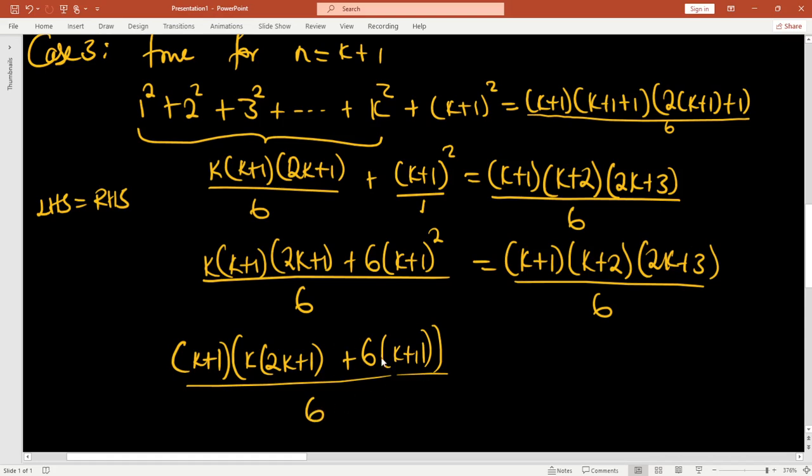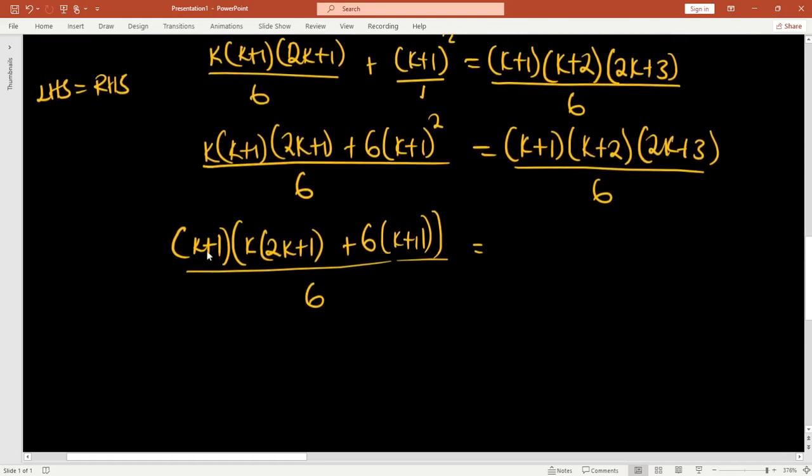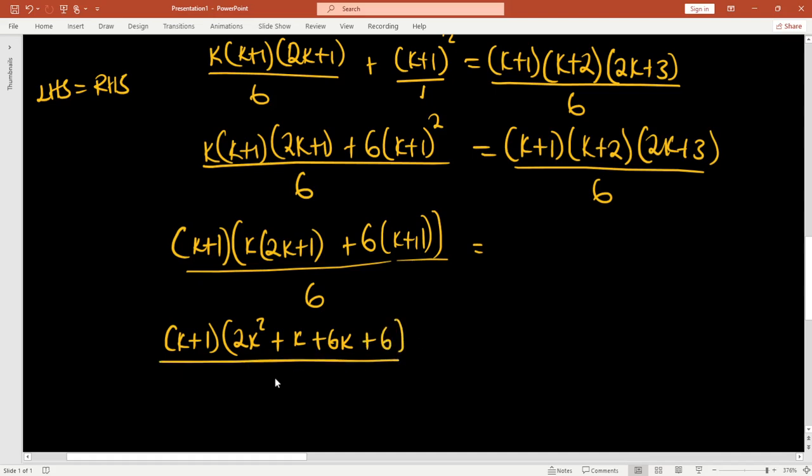So I'll just work out this side, then I'll write this later on the other side. Inside the brackets you'll notice that we're going to have 2k squared. So here we have k plus 1, 2k squared plus k plus 6k plus 6, we close, divided by 6.